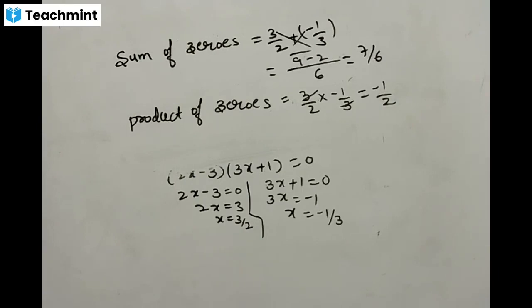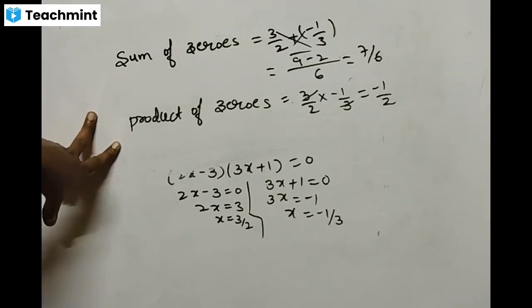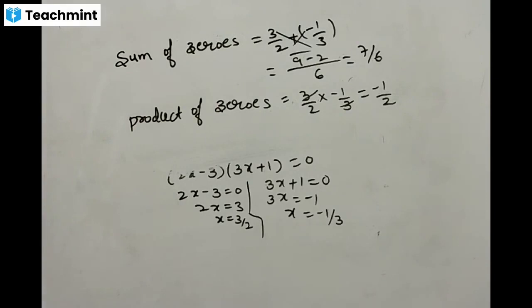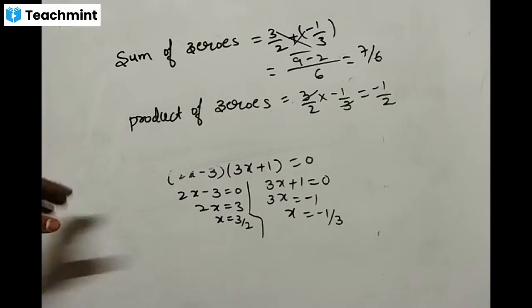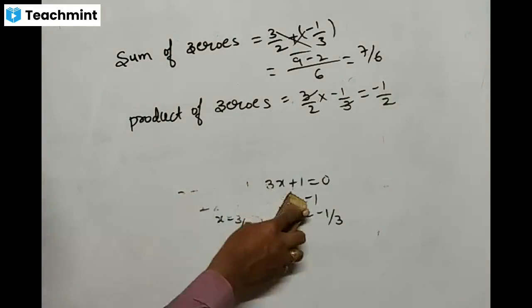By using the formula also you find out the sum of the zeros and product of the zeros. For another sum, sir? For the same question, the formula minus b by a. Not understood, sir. For this only, find out the sum of the zeros by using the formula method.